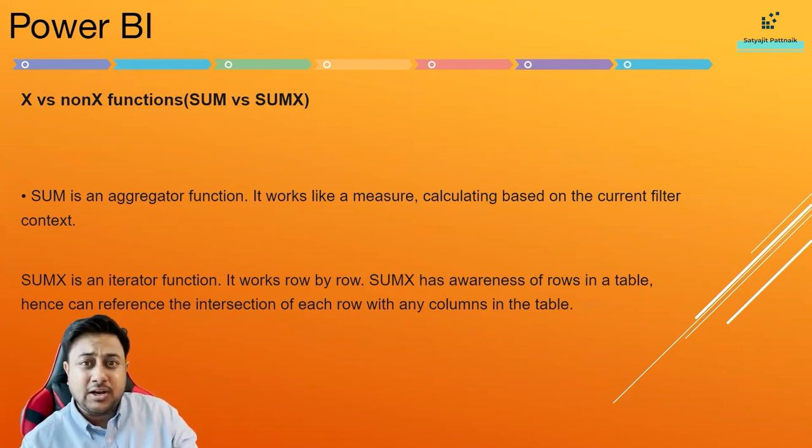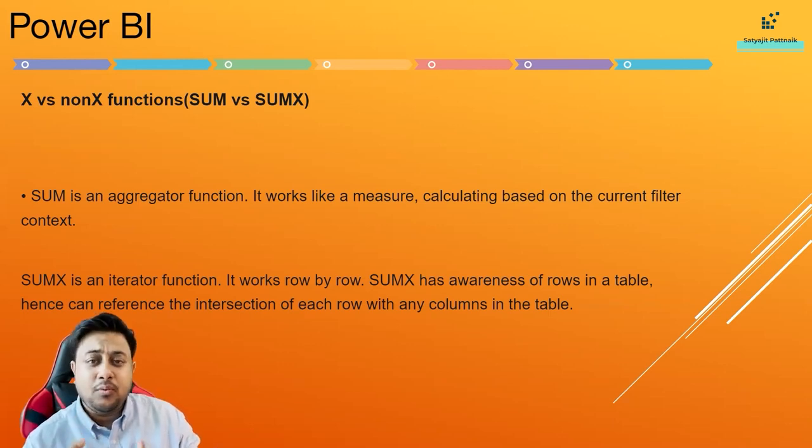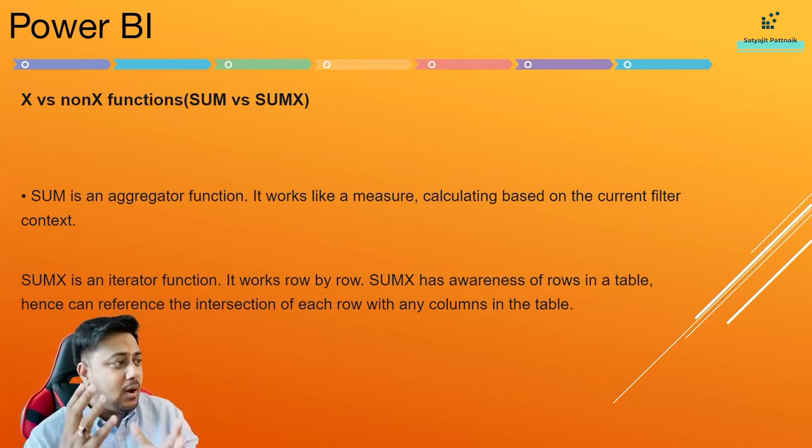Sum, as we already know, is basically a measure, right? For example, if we want to find the total sum of sales or the total sum of some column, whether on the entire table or with some filter clause, in any of these scenarios you use sum, right? Now, what is SumX? SumX is basically an iterator function.